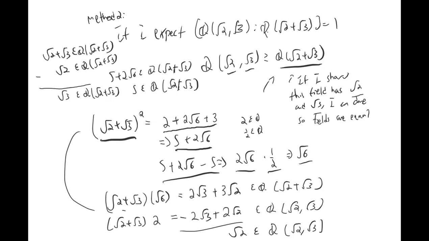You just do operations and try to isolate root 2 and root 3. So I would say method 1 would be more systematic. But I'm just showing you, if you're not convinced that these two fields are equal, well, it turns out they are. Everyone good?